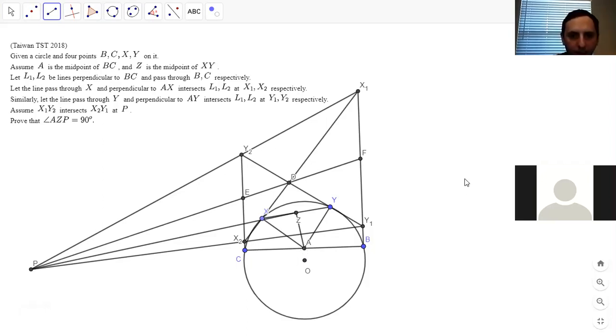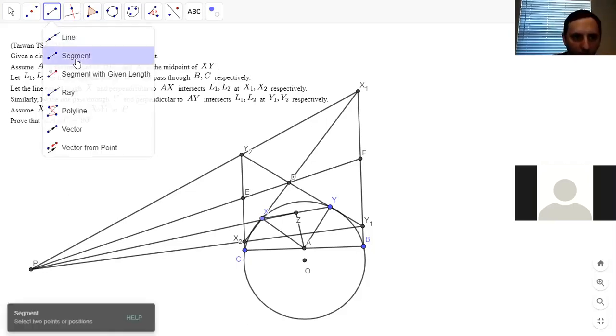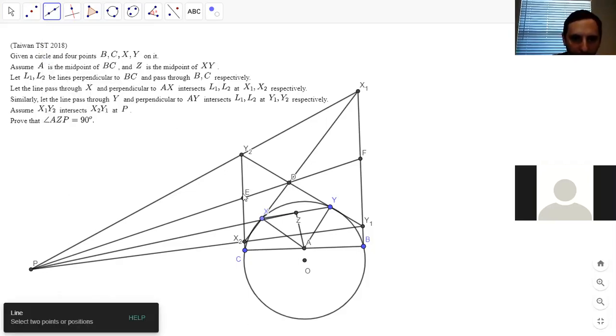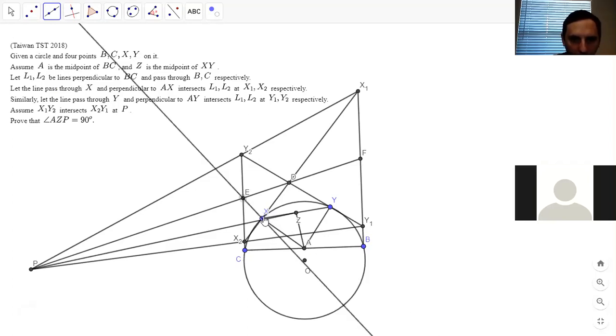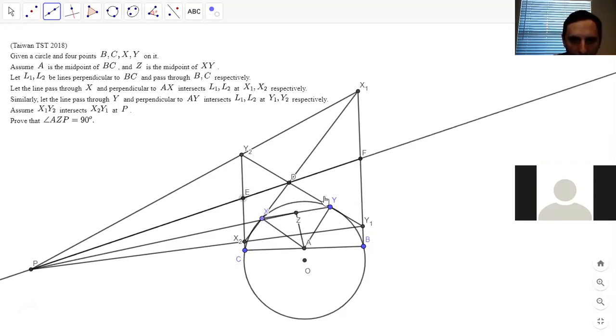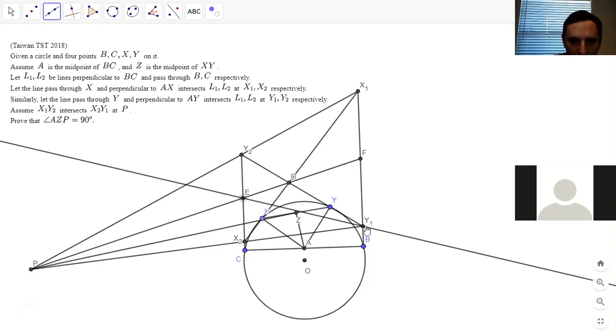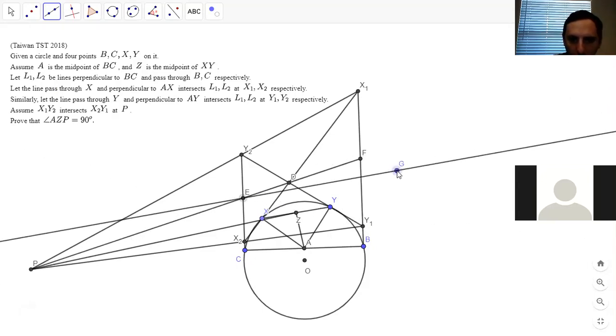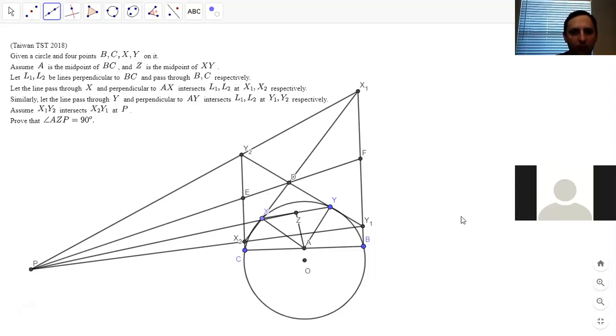Yeah, there's no way AX and E are collinear. Maybe there's something special about point E. Let's see. Maybe we'll figure it out later. Okay, so AZP equals 90.